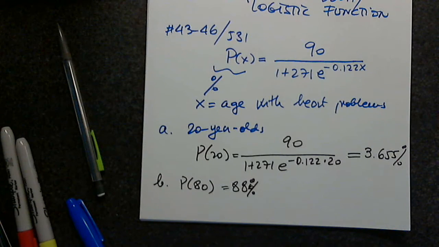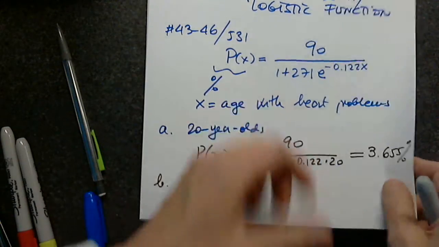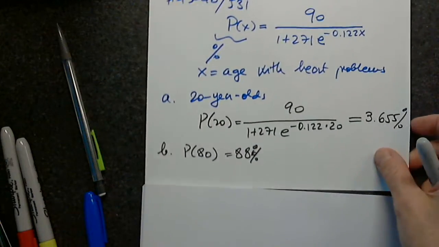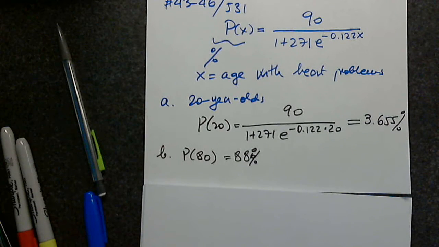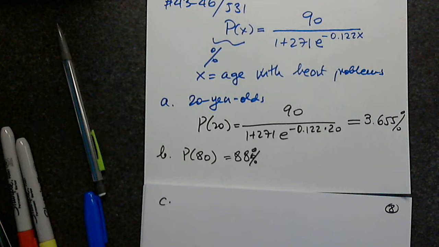Okay, now let's look at the other two problems. At what age is the percentage of some coronary heart disease 50%? Now this is different. At what age is the percentage 50?